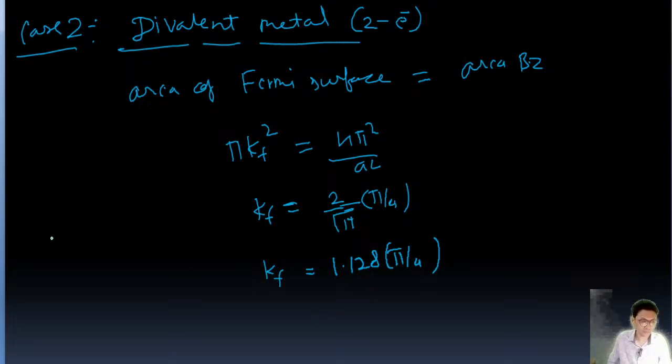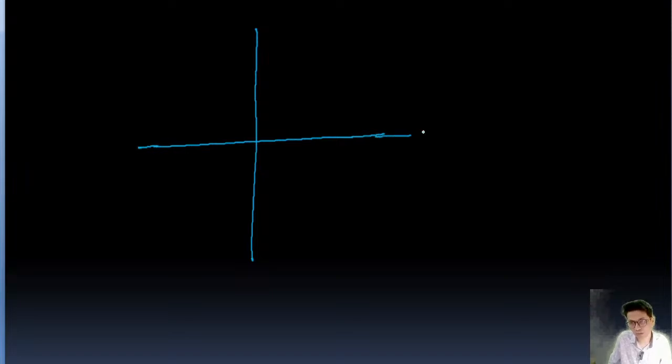Okay, if we make a figure for this, it is going to be like this. In the first Brillouin zone, very important, this is kx and this is ky, right?